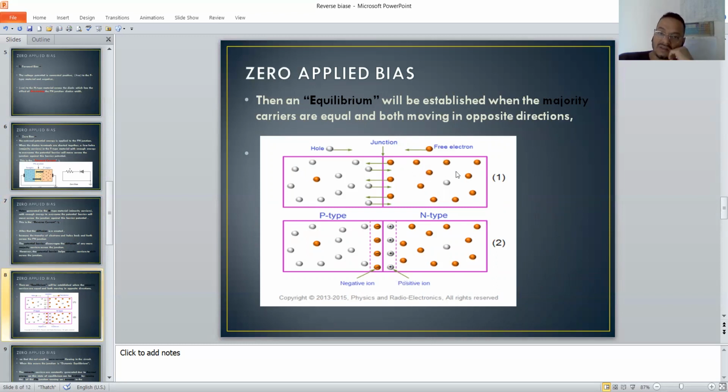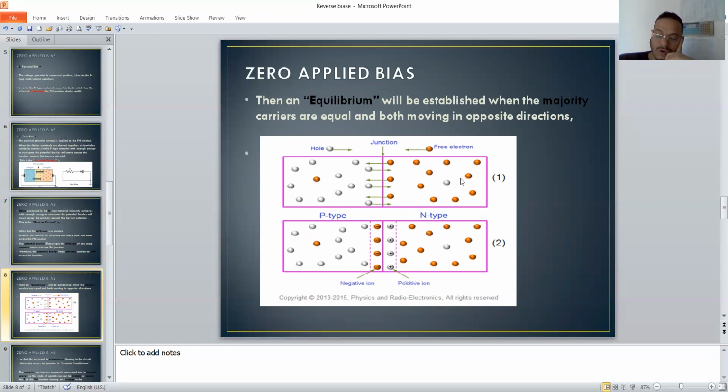Here, in this N-type, the electrons, that means the majority, try to cross the barrier through the depletion region to reach the hole side. And the majority in the P-type, the holes, try to cross the depletion region to reach the N-type.